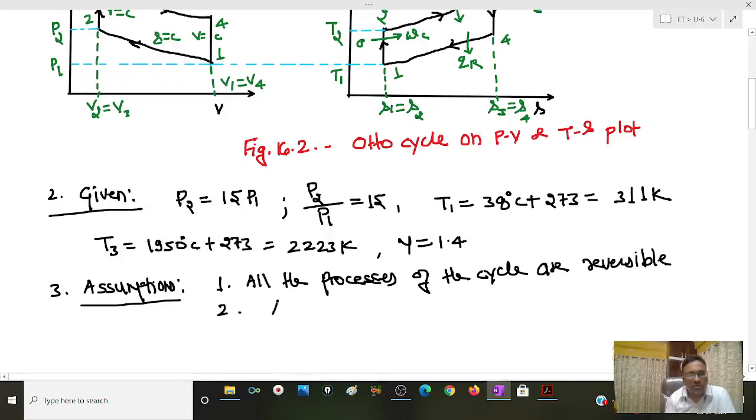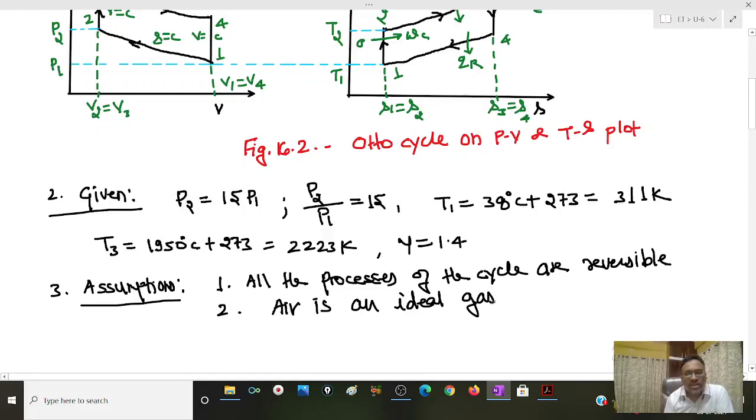Assumption number 2, air is an ideal gas. So I can apply all the ideal gas laws and relations involved in the processes undergone by the air.